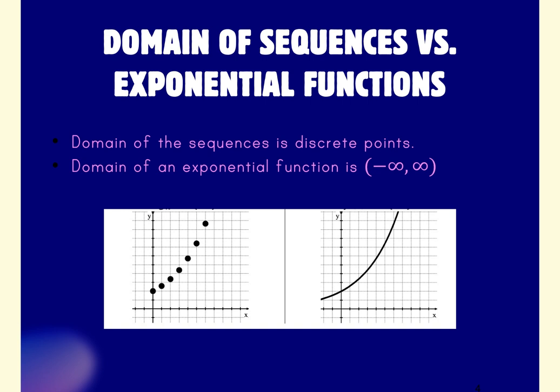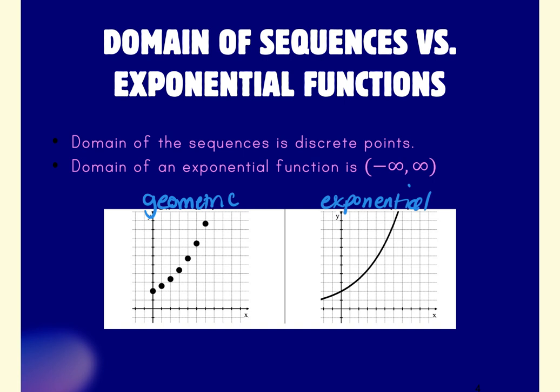The difference is this. This one is your geometric, and this one is your exponential. The same thing would happen with linear and arithmetic. Arithmetic and geometric are not a continuous function.